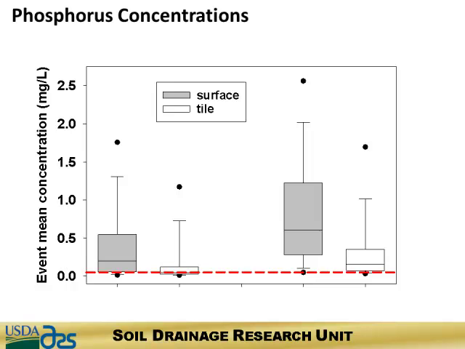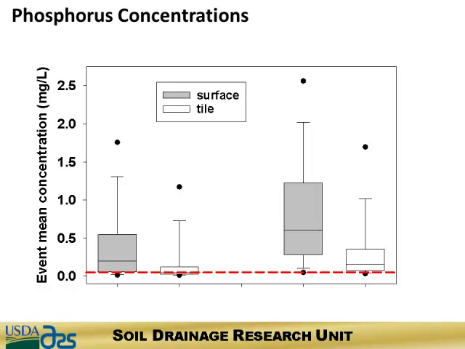Let's talk about this, this is what we typically call a box and whiskers plot. That means that the line in the middle is the 50th percentile. So we've got 50% of the values above that and 50% below. The box itself is bound by the 25th and 75th percentile, and the whiskers are the 10th and 90th. The dots above and below are the 5th and 95th percentiles.